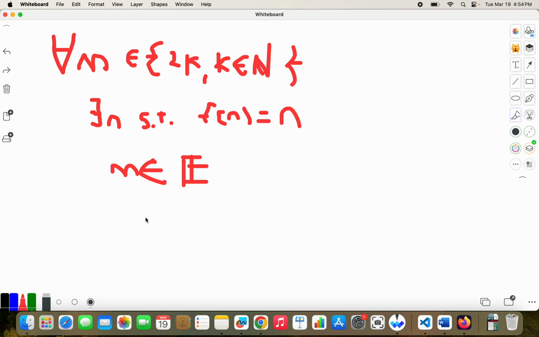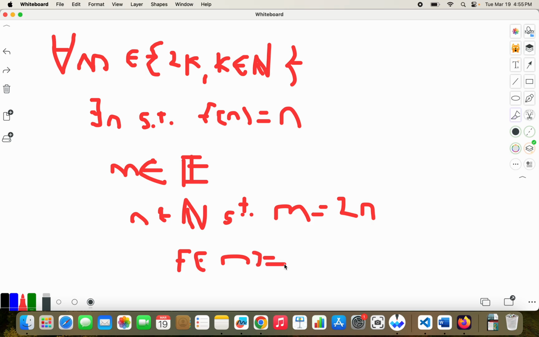Then there exists an n in the natural numbers such that m equals 2n. Then f(n) equals 2n equals m. So f(n) equals m. Thus f is surjective. Nice to know.